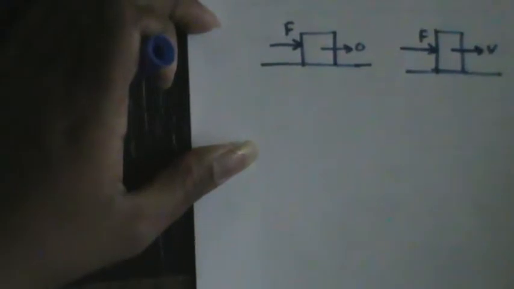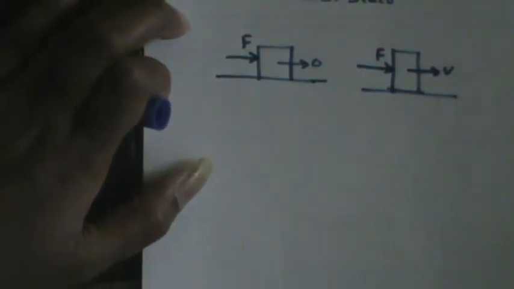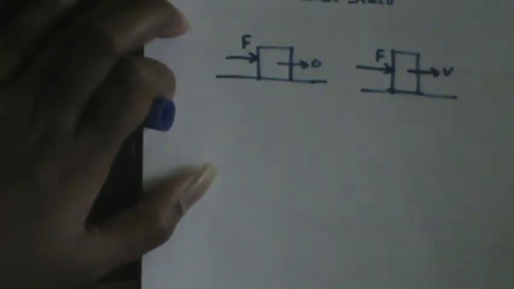Its motion, path, position or behavior can only be changed by an external unbalanced force acting on that object. So if you put some external unbalanced force, say F, in this direction on this object, its equilibrium, position or acceleration will be changed, and it will act with a new behavior, right? Its behavior will totally be changed.